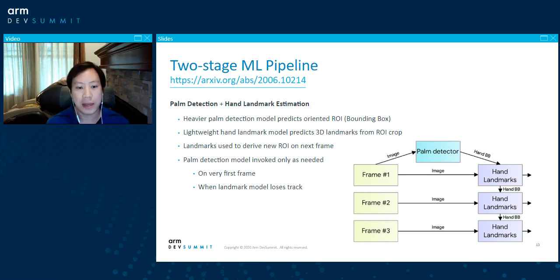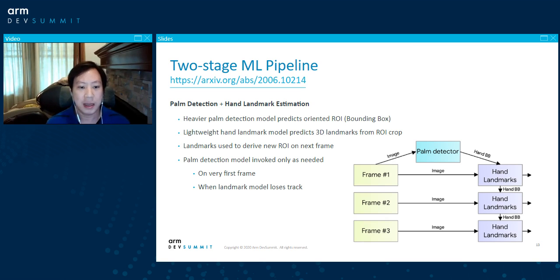Then a more lightweight hand landmark model takes this region of interest, operates within that, and predicts 3D hand landmarks, the 21 landmarks. And these landmarks can then be further used to derive the next region of interest where the hand landmark model can operate within on the next frame.